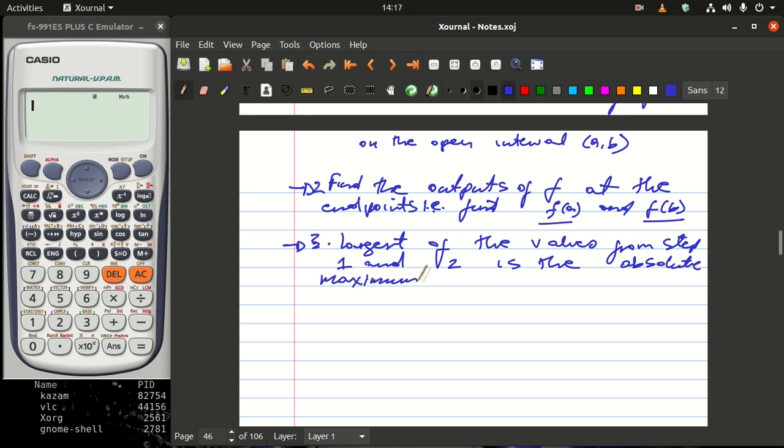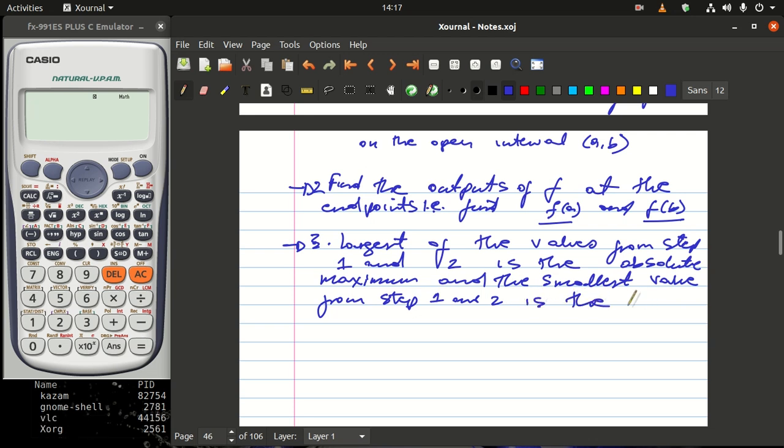So it is an absolute maximum, and the smallest value from step 1 and 2 is the absolute minimum. So that is actually what is important here.